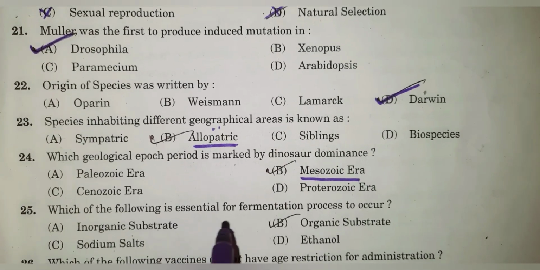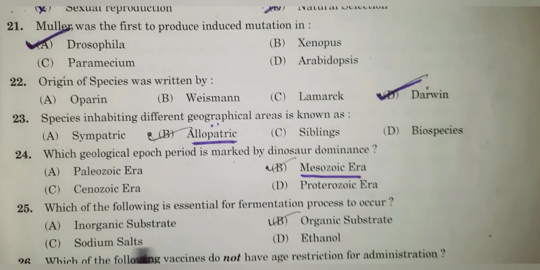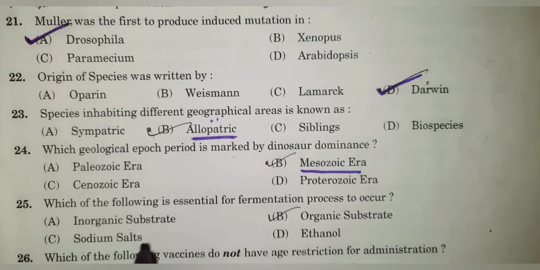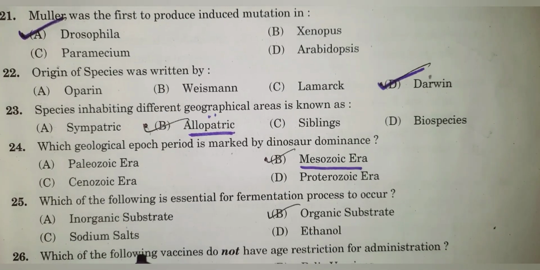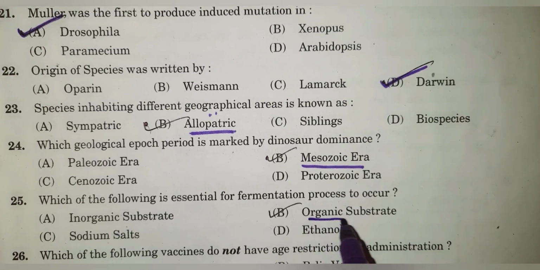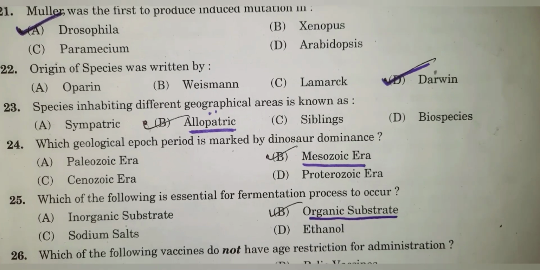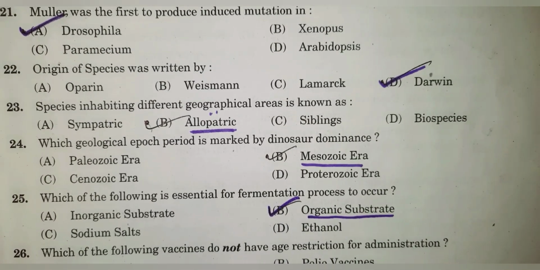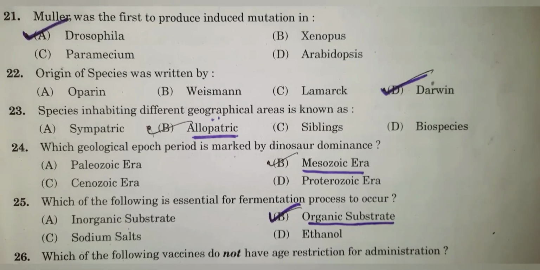Which of the following is essential for fermentation process to occur? Inorganic substance, organic substrate, inorganic substrate, sodium salts and ethanol. If organic substrates are not there, what is going to get fermented, isn't it? So the correct answer is option B.